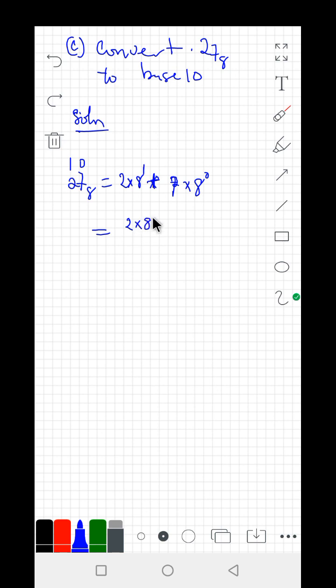So 2 times 8 plus 7. 8 raised to the power 0, recall anything raised to the power 0 is what? 1. This equals 16 plus 7. 16 plus 7 is what? 23 base 10. Okay. Alright, let's try a simple classwork, and you can pause the video and do it.